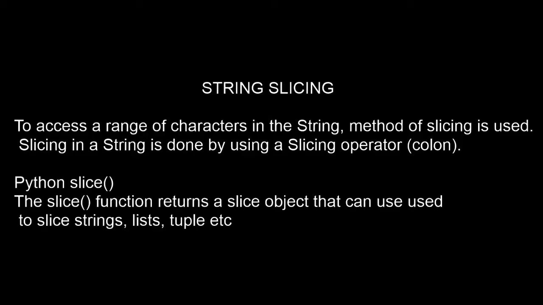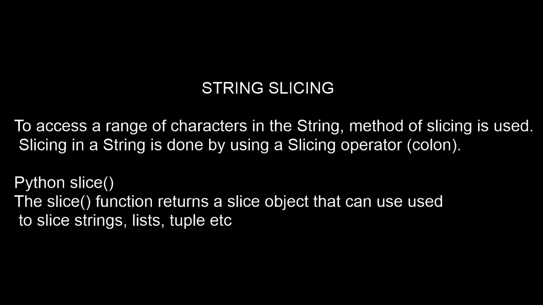We can use string slicing in Python using two different methods. The first one is similar to other languages. We can access a range of characters in the string using the slicing operator, which is the colon.